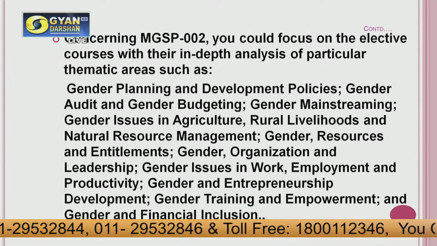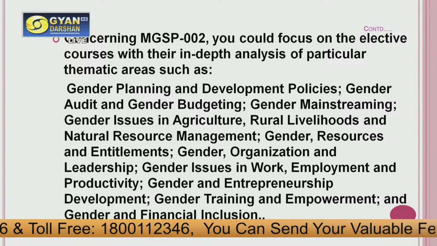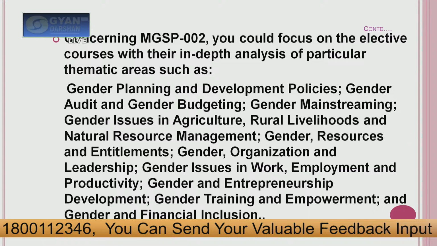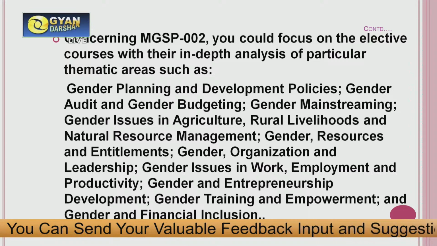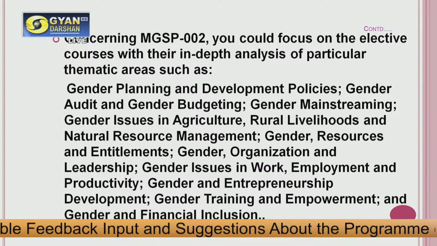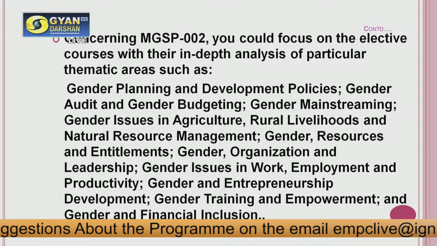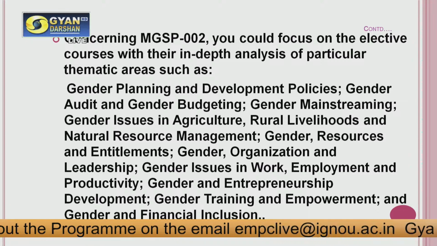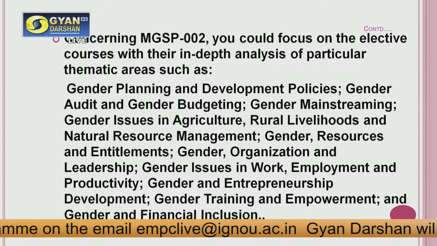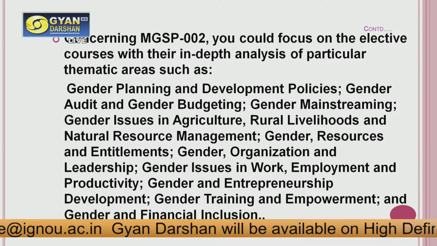With regard to MGSP 001, and with regard to MGSP 002, you could focus on elective courses with in-depth analysis. The first year courses clearly make you learn about the concepts, process and strategies, as well as gender analysis and gender sensitive planning and policy making.